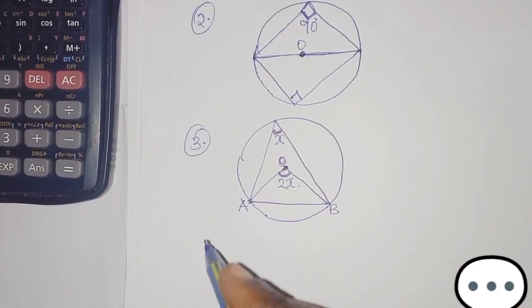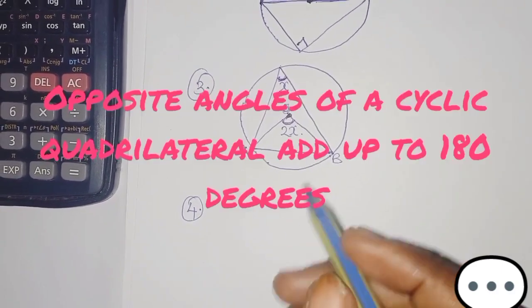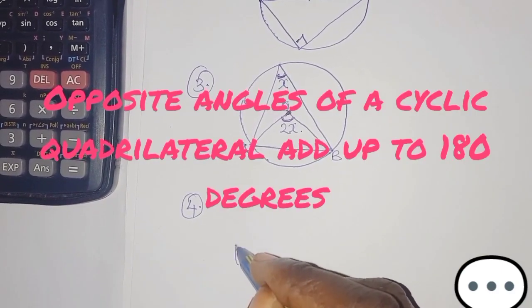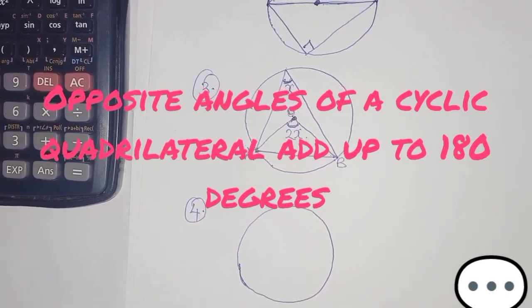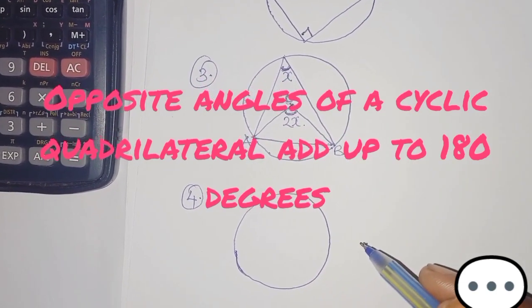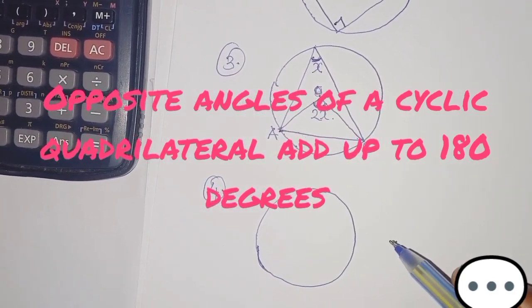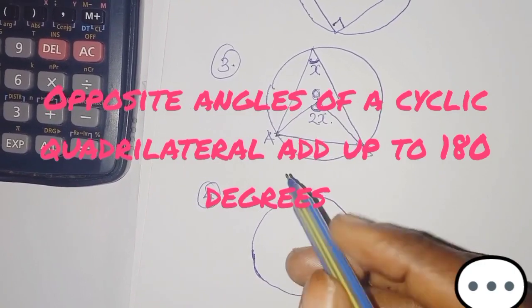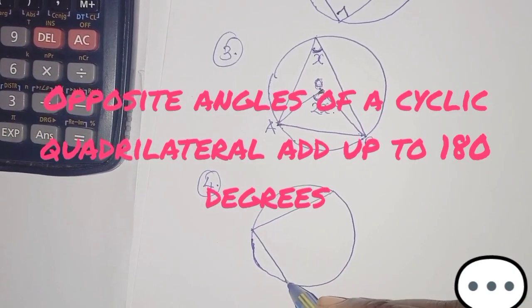Let us look at the fourth one. In the fourth one, we look at a cyclic quadrilateral. A cyclic quadrilateral is a quadrilateral, just like you know that a quadrilateral is a four-sided figure. A cyclic quadrilateral is a quadrilateral whose vertices are touching the circumference of the circle.